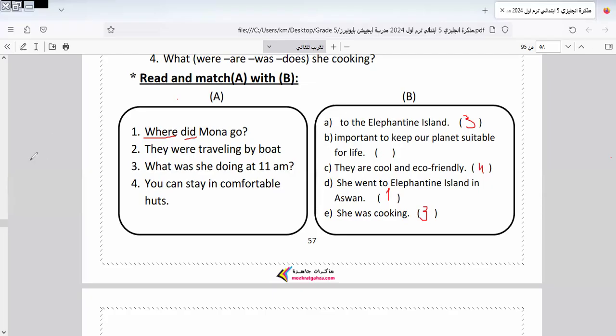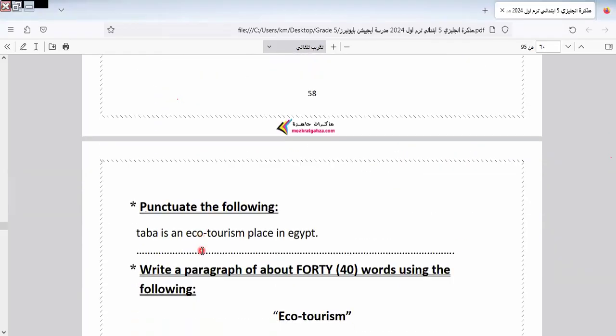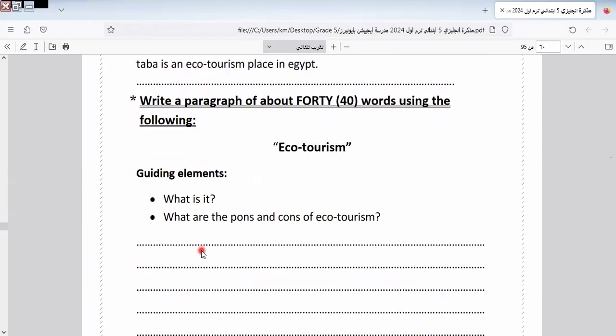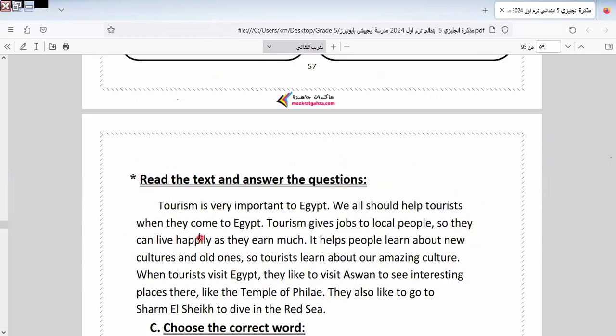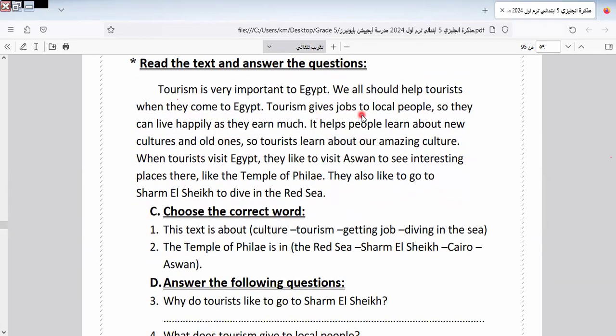Let's go to another one here. Here is another text. Let's answer together. Tourism is very important to Egypt. We all should help tourists when they come to Egypt. Tourism gives jobs to local people so they can live happily and earn much.